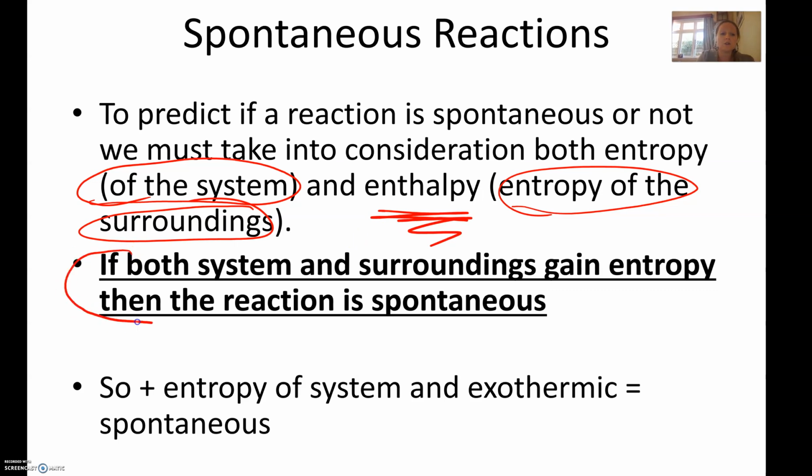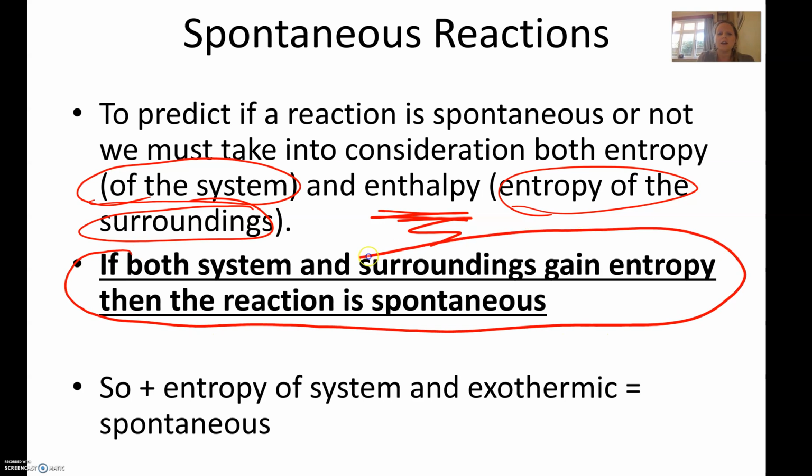Now, a really useful tidbit to know is the fact that if both the system and the surroundings gain entropy, then the reaction is spontaneous.